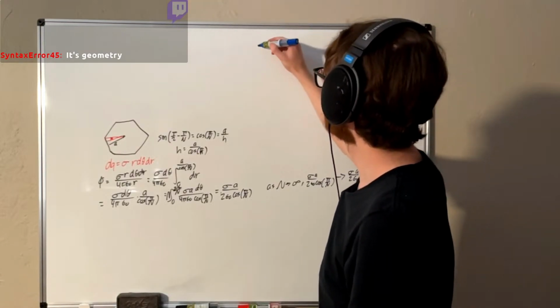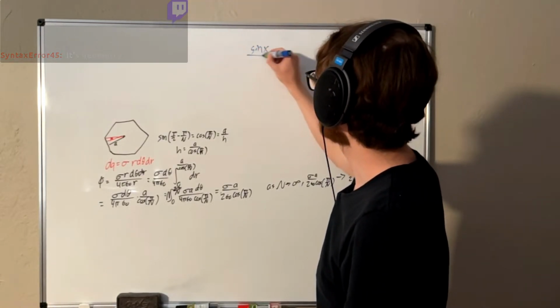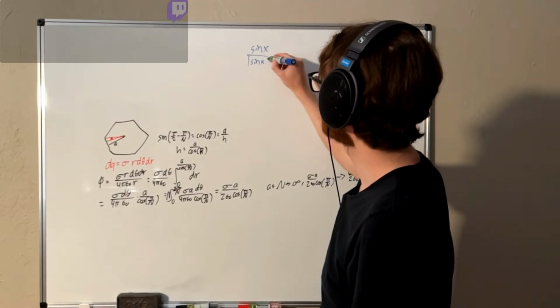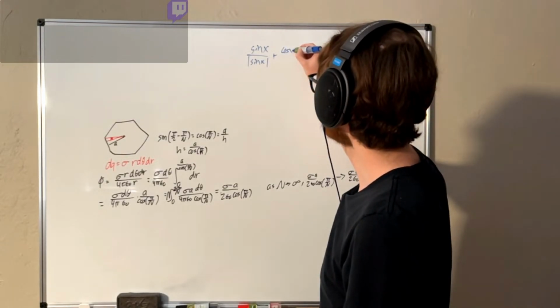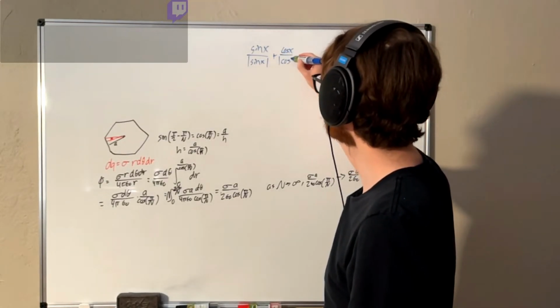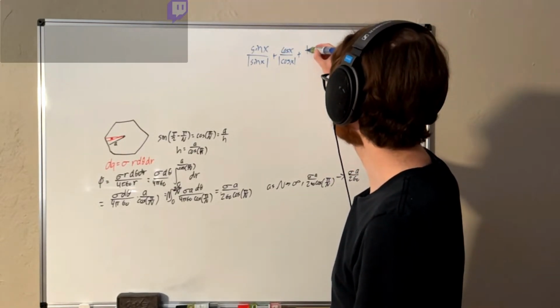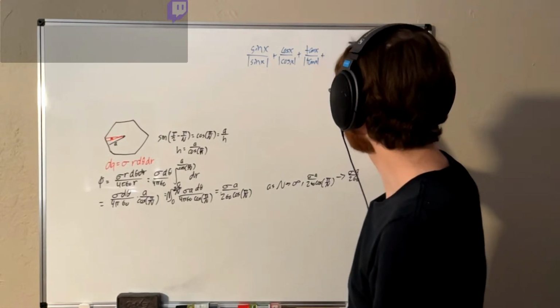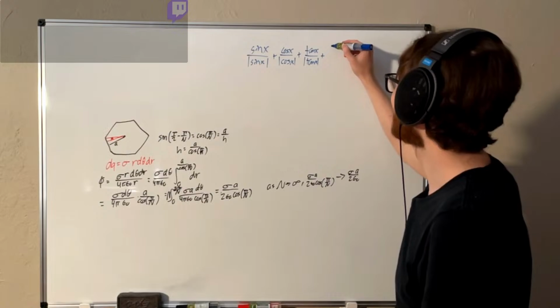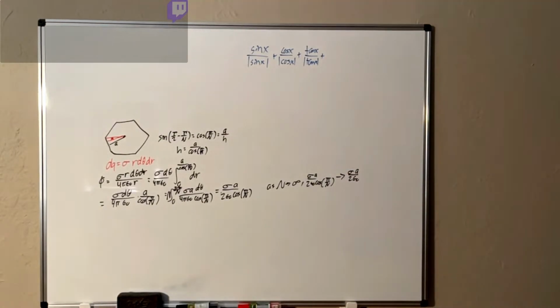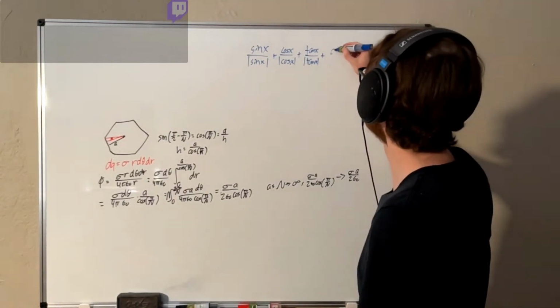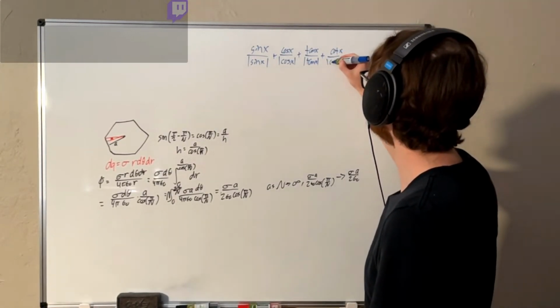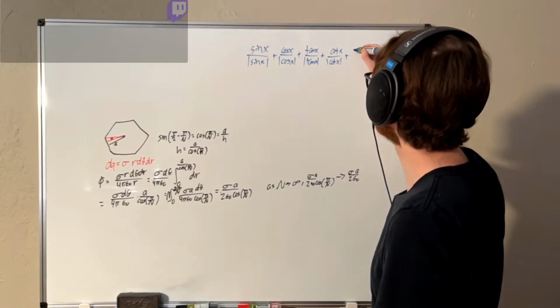So Pish is saying we have sine x over absolute value sine x plus cosine x over the absolute value of cosine x plus tangent x over the absolute value of tangent x plus, I mean, I should probably match the order, right? Cotangent, secant, cosecant. This is kind of a cursed problem.